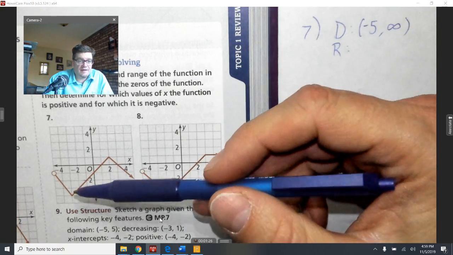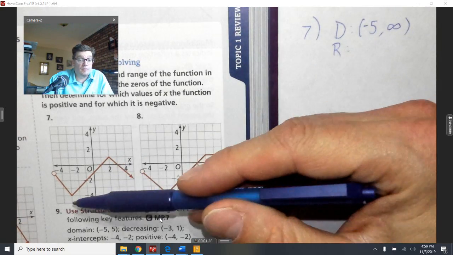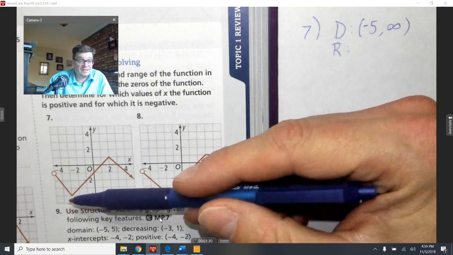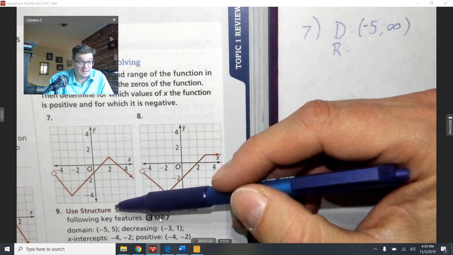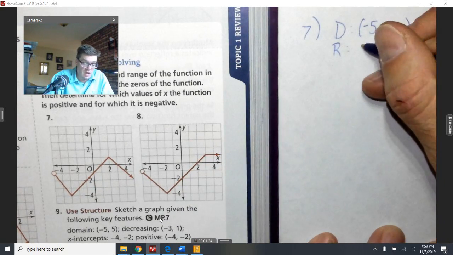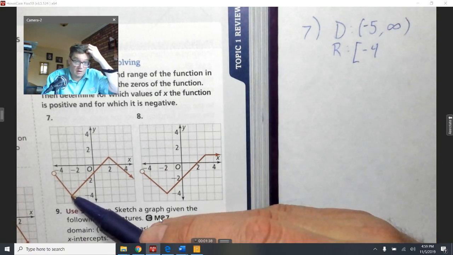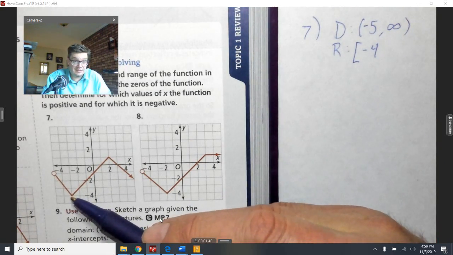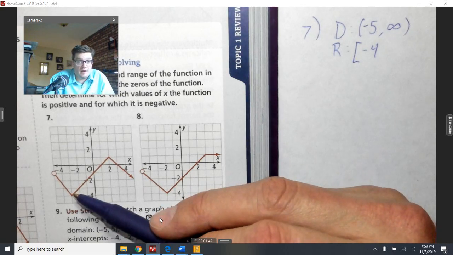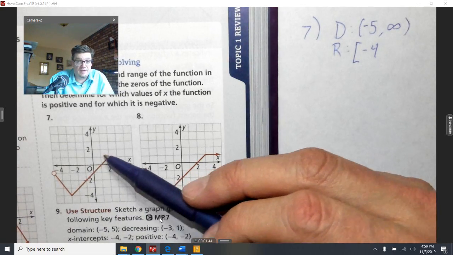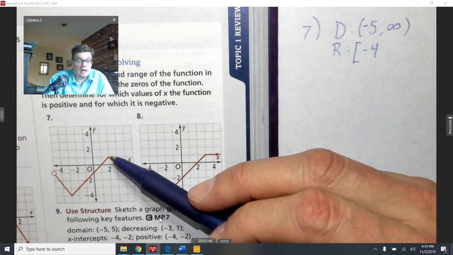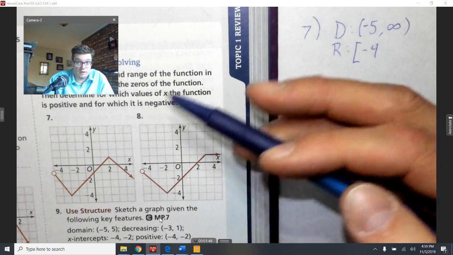Now, the range of this function means what is the high and what is the low. I always go from low to high. The lowest y value is -4, and I do have a value at -4, there's no open circle there. The highest value is +1.